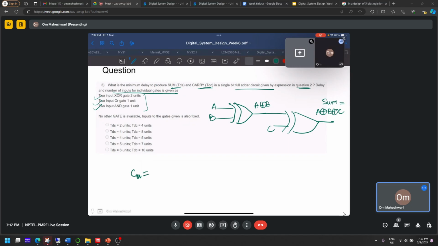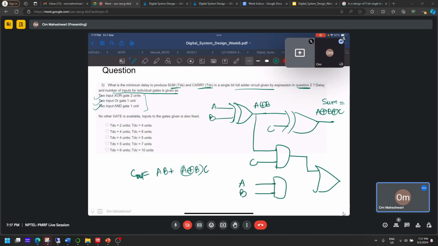Let's say C out was AB plus A XOR B into C. So we need this, and an AND gate with C is going into an OR gate, AND gate A and B is going into the OR gate, right? This is carry.